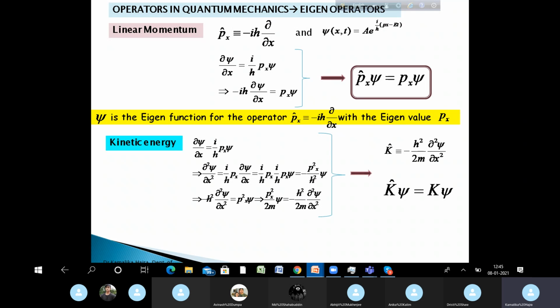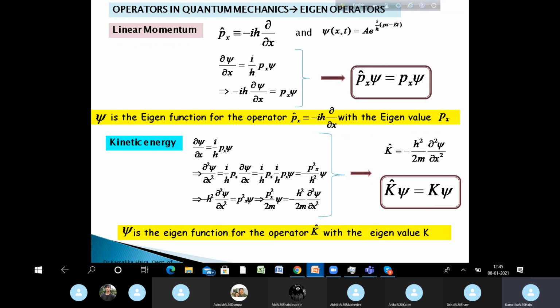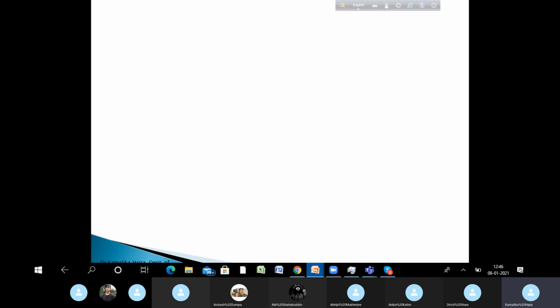So the kinetic energy can be represented by the operator minus h cut square by 2m del 2 del x2. And so we can write K hat psi equal to K psi. Okay, so this is the eigenvalue equation, and we can write that psi is an eigenfunction for the operator kinetic energy with the eigenvalue of the total kinetic energy.